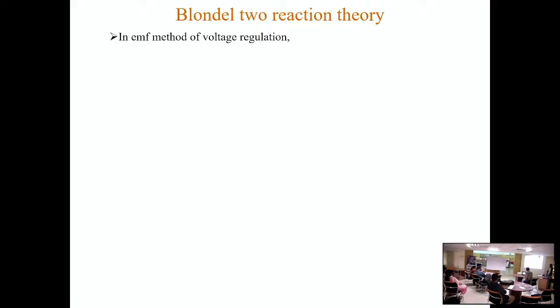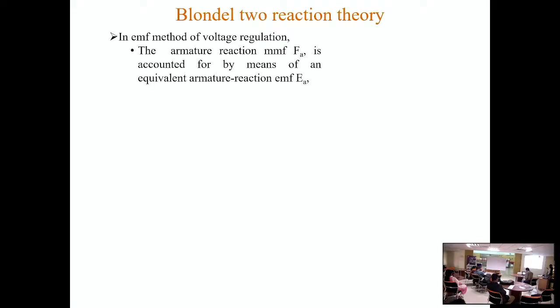First of all, in the EMF method of voltage regulation, we have seen that the armature reaction MMF FA is accounted for by means of an equivalent armature reaction EMF EA or EAR. We have seen this, right? FA will produce phi A, and that phi A will induce this EMF EA, which is actually a reactive voltage drop IA XA.